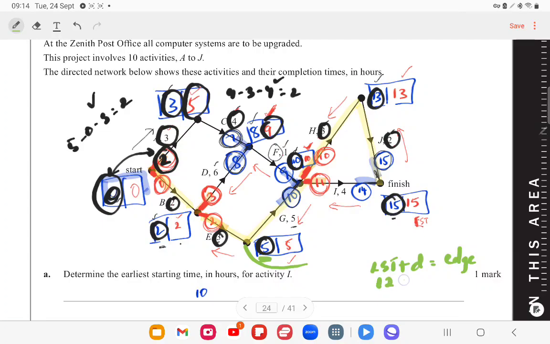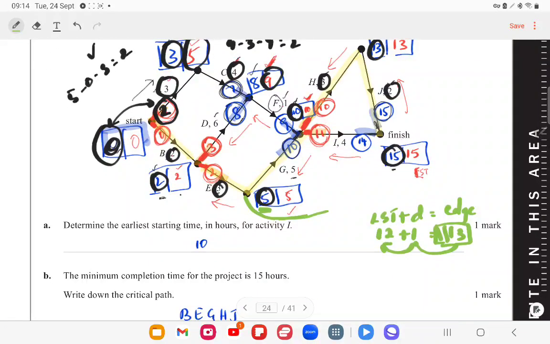So if it's 12 over here and the duration is 1, when we do a backward scan, 13 must have been the latest starting time of some activity, which when 1 was subtracted from it, gave me the latest starting time 12. So let's write 12 at this edge, because I usually write the backward scan values.